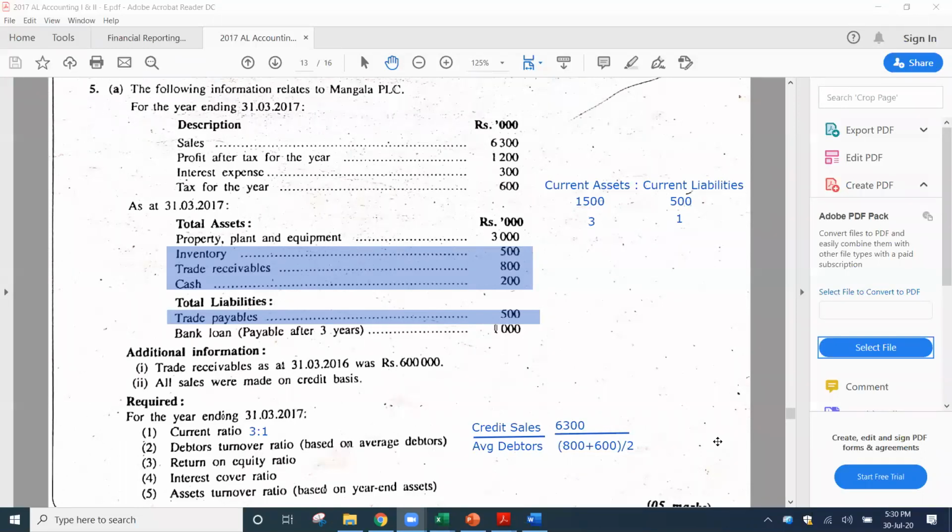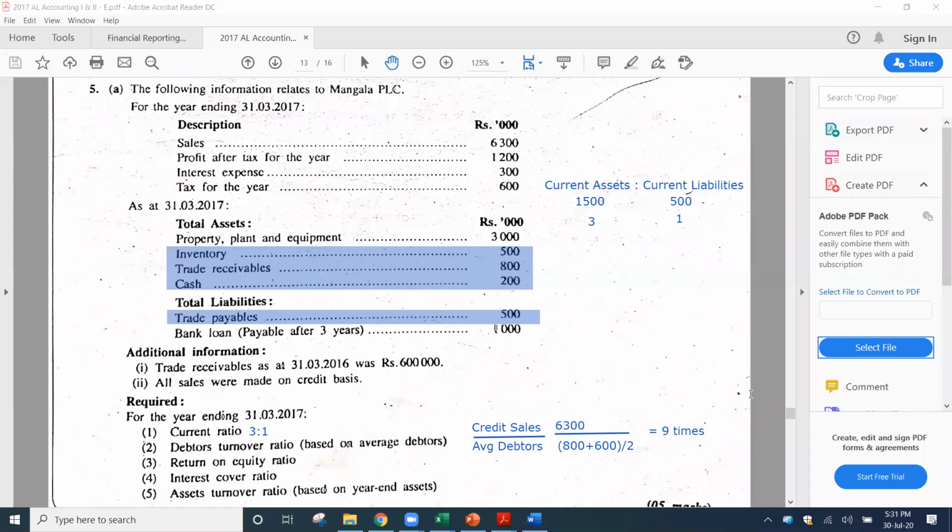Answer is equal to 9 times. The meaning of the debtors turnover ratio is that the debtor becomes sales 9 times. He purchased from us 9 times during the year, on average.